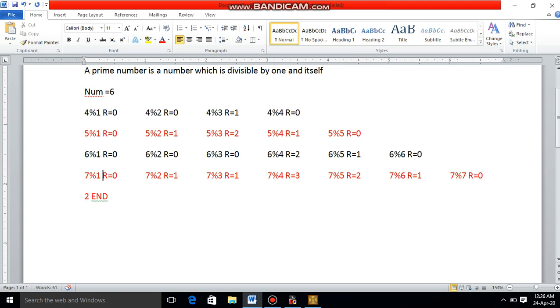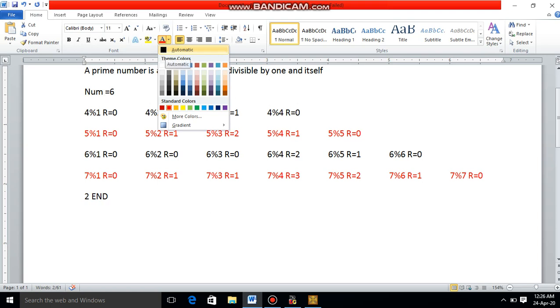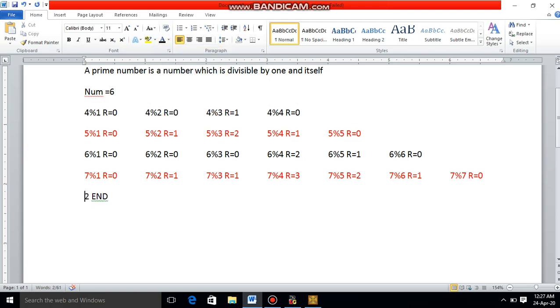Since here num equal to 7, I start this execution from 2 and end up with 6. So this is the actual program. Each time 7 will be divided by 2, 3, 4, 5 and 6. If there exists a remainder, then this 7 is said to be a prime number.